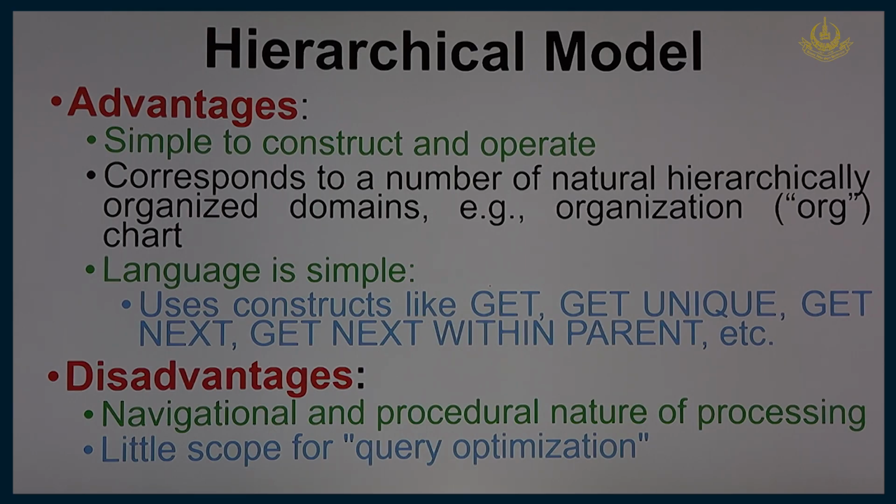For example, we can use get unique, get next, and so on. The disadvantages or difficulties with this model were its navigational and procedural nature of processing. The second core disadvantage is limited query optimization.